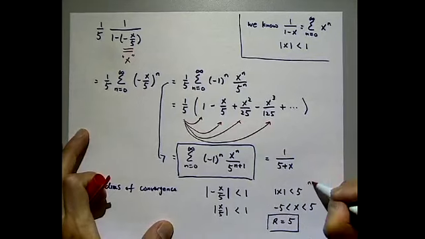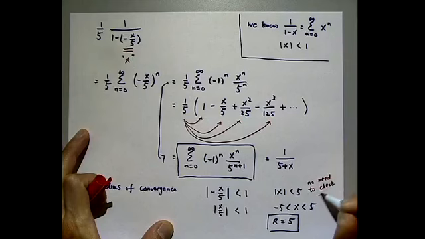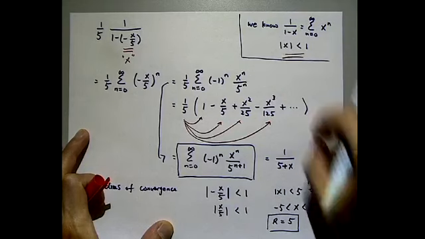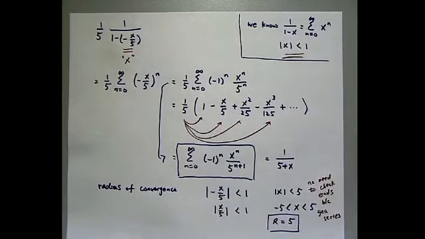So no need to check ends because of geometric series. We know a geometric series will diverge when it's exactly equal to 1, which happens on the boundary points. So we already know this will diverge at the endpoints, and therefore we don't need to check the ends. Questions?